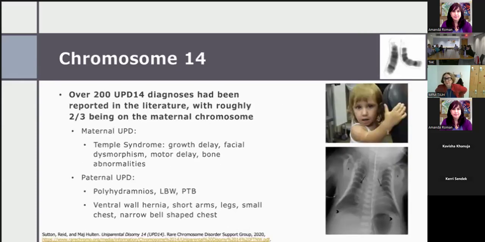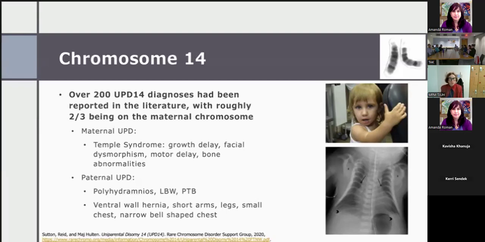For uniparental disomy of chromosome 14, it's rare, but there have been over 200 case reports in the literature. Two thirds of these cases are reported to be the result of maternal uniparental disomy, and disease manifestations are partly due to the fact that chromosome 14 contains imprinted genes that have different levels of activity in maternal and paternal chromosomes.